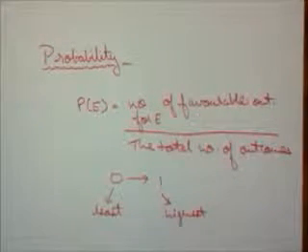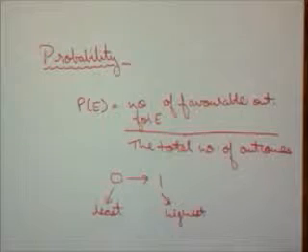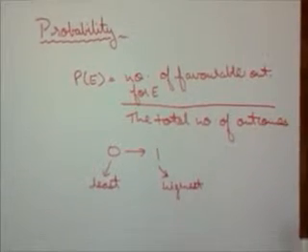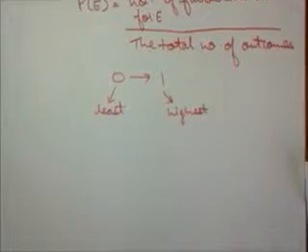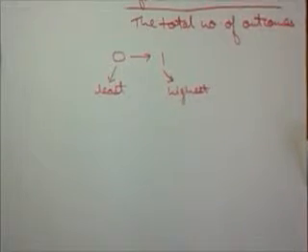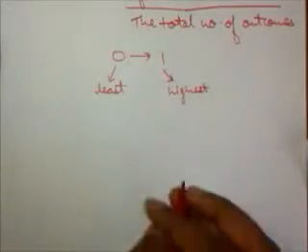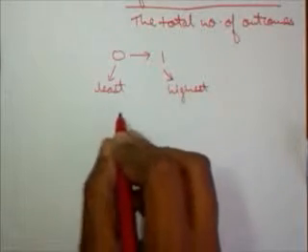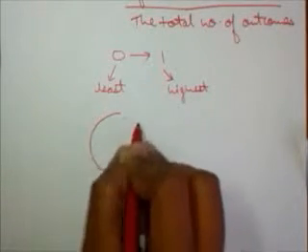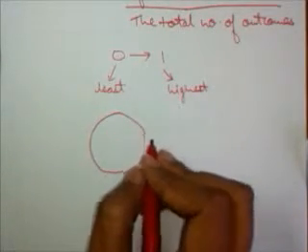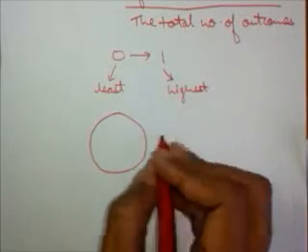So now let us do an example based on this formula we have studied right now. Let us consider a bag containing 3 red balls and 5 white balls.